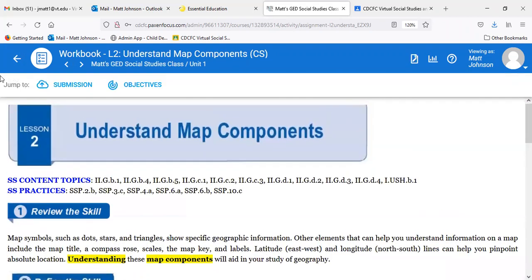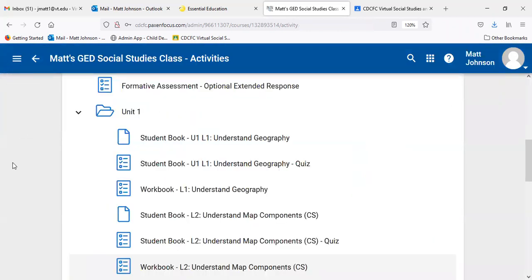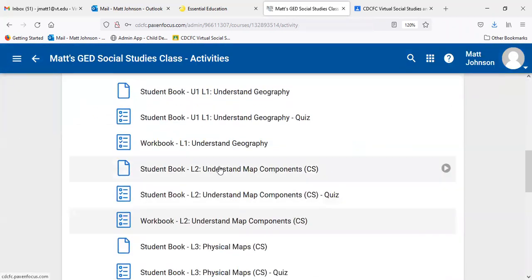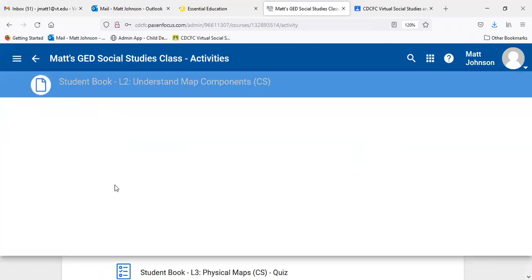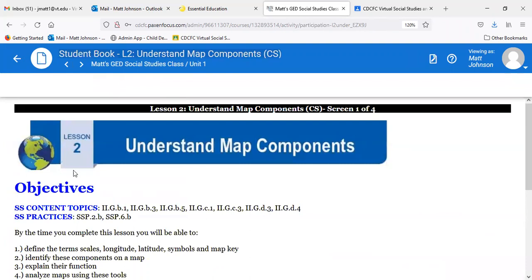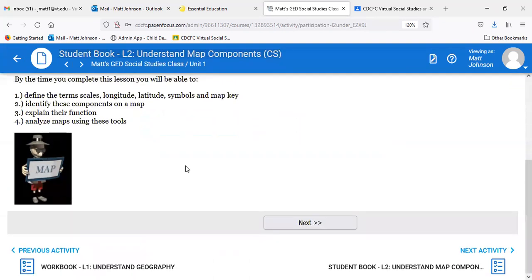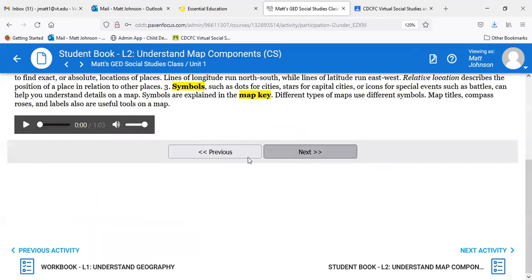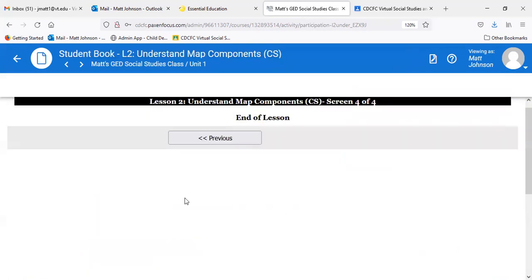I'm going to close this out. I don't understand why. Okay, I'm going to open this again. I'm going back to lesson 2, understand map components, and then I'm just going to click through this real quick. Boom, boom. It takes you into the quiz.